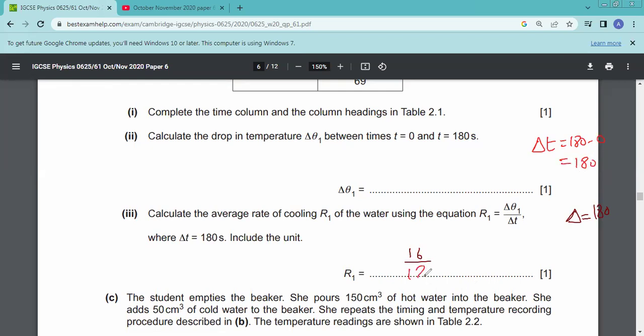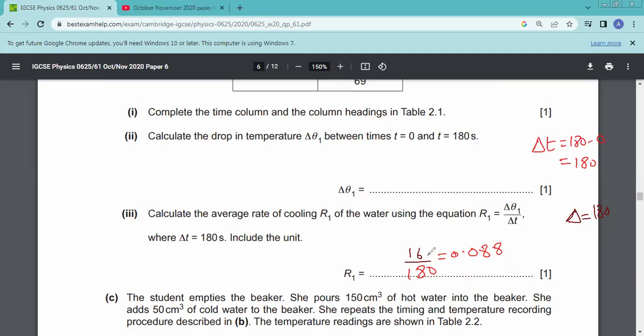So the time would be 180. I'm going to divide 16 by 180, and I got the value 0.088, because this is the average rate of cooling.